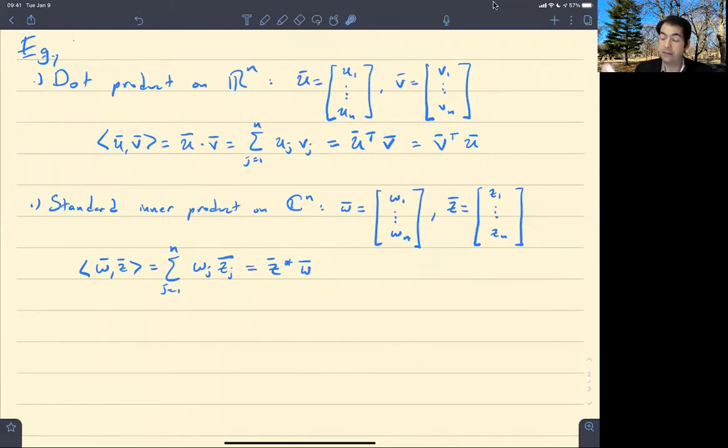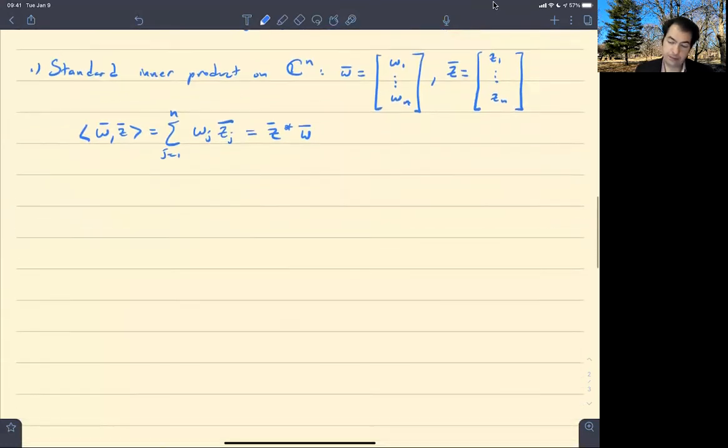In the notes on the course website, I use colors to denote the vectors, so that hopefully will be clearer. And if you download those first and follow along there, then there shouldn't be any confusion about what is a vector and what is not a vector. Okay, but in any case, that's the standard inner product. And notice that this one is not symmetric, because if I were to put them in the opposite order, then the ones that get conjugated are different.